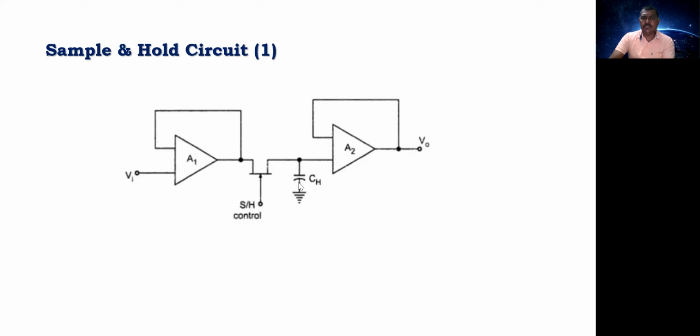Where are we going to use this circuit? We are going to use it between the analog signal and the analog to digital converter circuit, right? What is the main purpose of using this circuit? To store or hold the analog signal for a certain moment, during which the analog to digital converter circuit is converting that particular voltage, right?